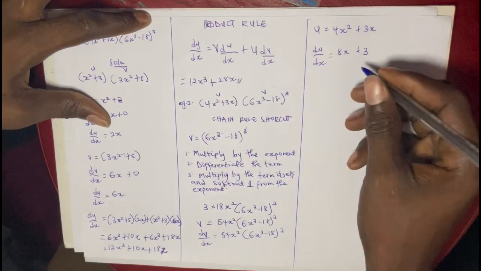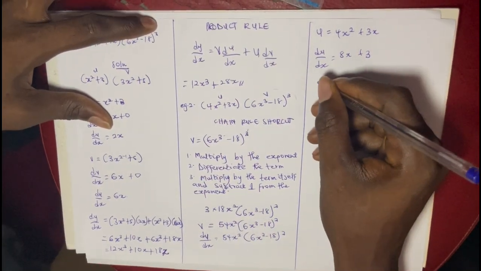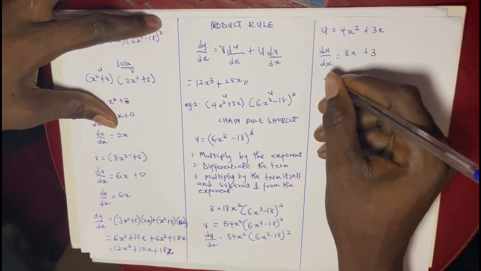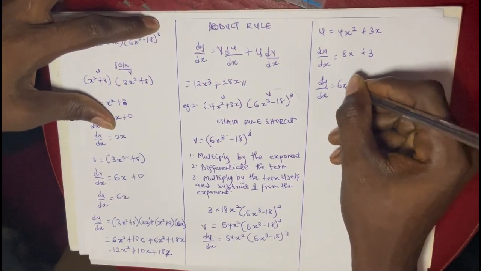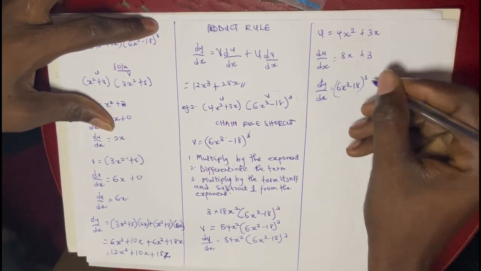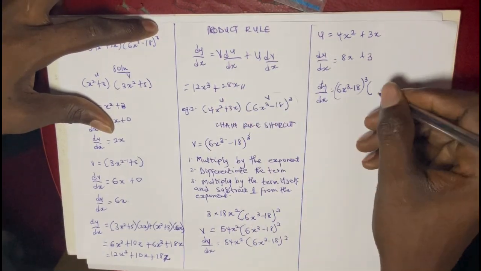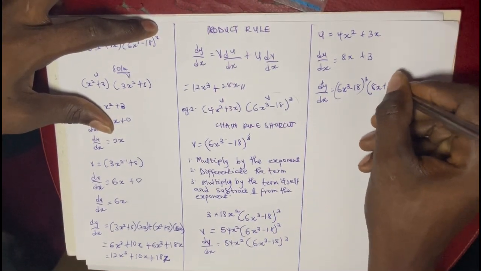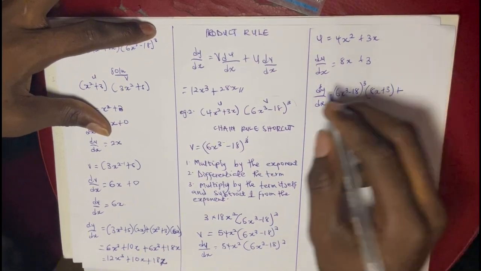So putting back into the formula, v du/dx plus u dv/dx. You're going to get dy/dx is equal to (6x cubed minus 18) cubed, multiplying du/dx, which is 8x plus 3, plus u.